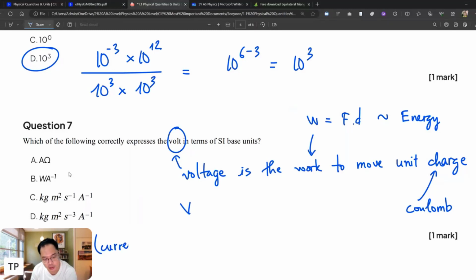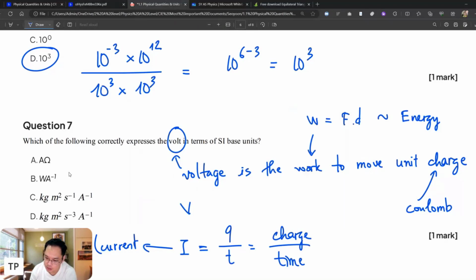Okay, this is a base unit, and the current I is defined as the charge moving through a place in a second. The ratio between the charge Q and the time. Charge over time, that is current. And therefore, coulomb, the unit of charge, is equal to ampere multiplied with second. Coulomb equals ampere second. So that is the definition of charge.